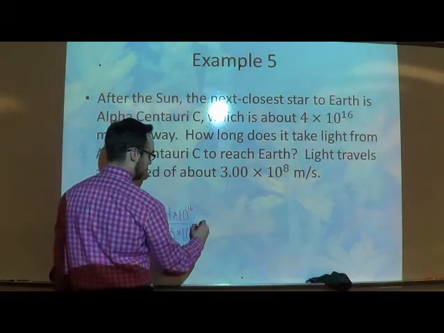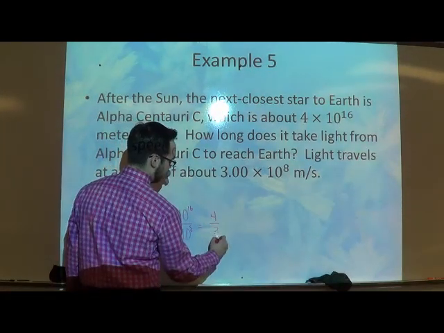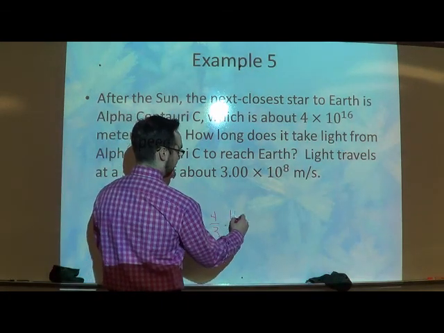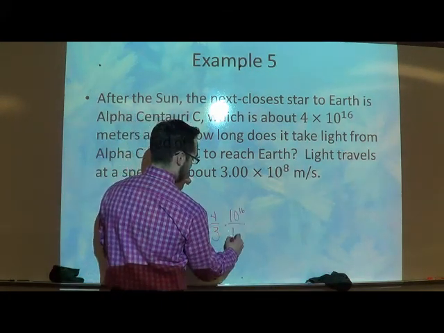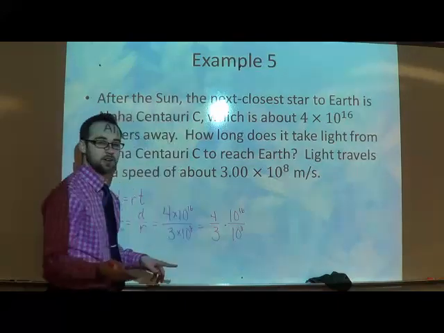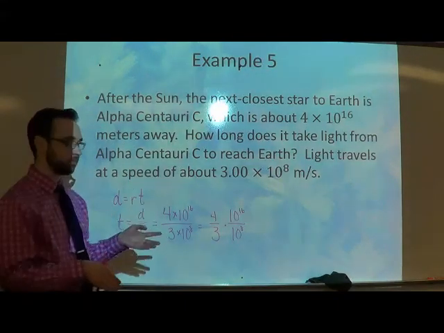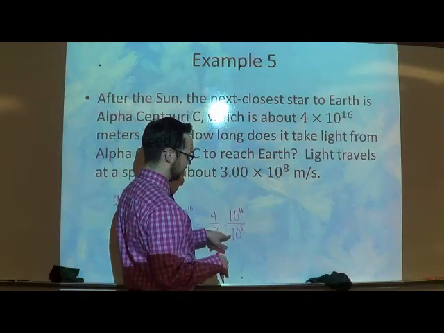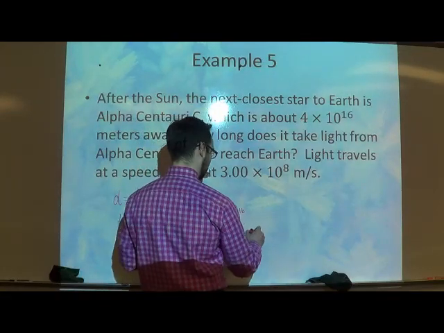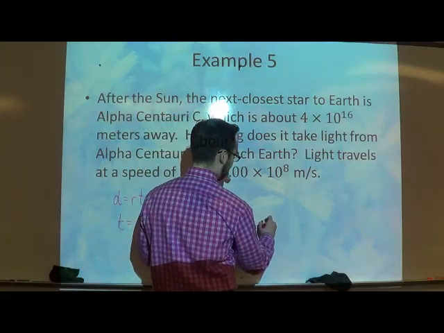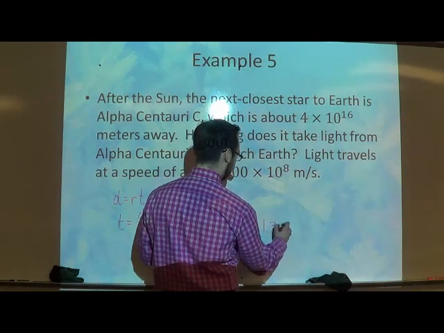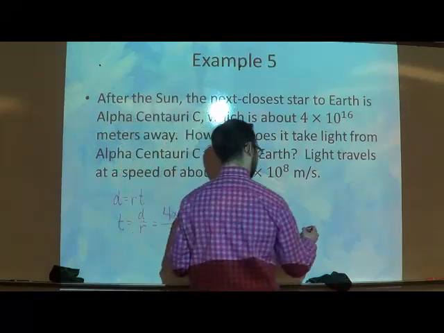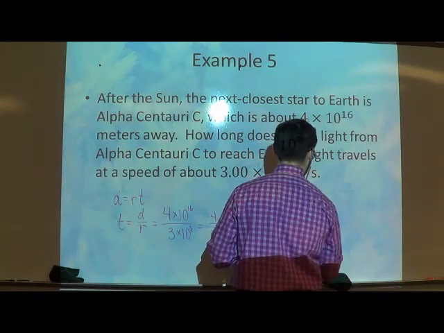I can separate this so that I end up with 4 over 3 times 10 to the 16th all over 10 to the 8th. So even though it's not a variable, we're still using the same rules for exponents. 10 to the 16th over 10 to the 8th, we subtract 16 minus 8, so we get 4 thirds, which will be approximately 1.3 times 10 to the 8 seconds.